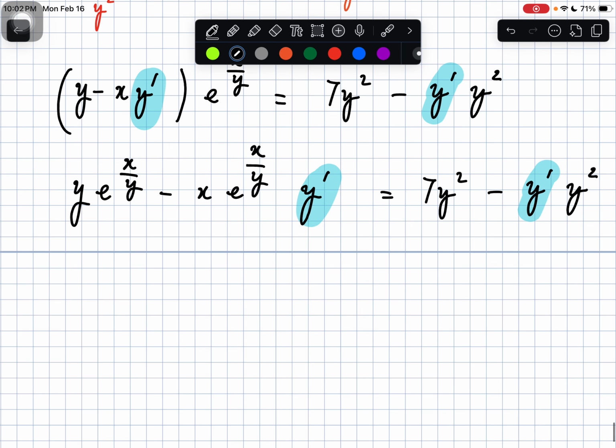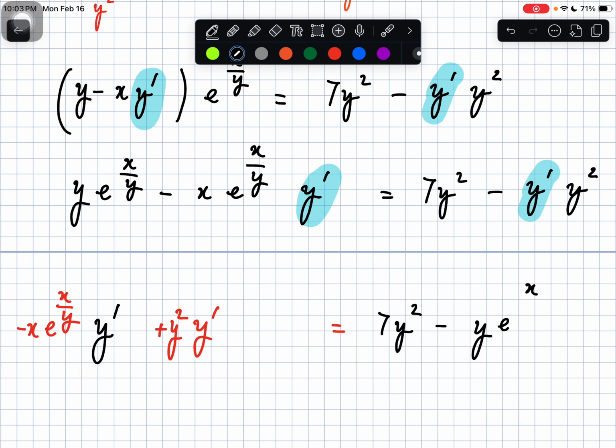So let me keep the left containing y prime. So you have minus x e to the x over y. That is these terms. Now bring this one to the left, plus y prime y squared. And on the right you have 7y squared minus y e to the x over y.